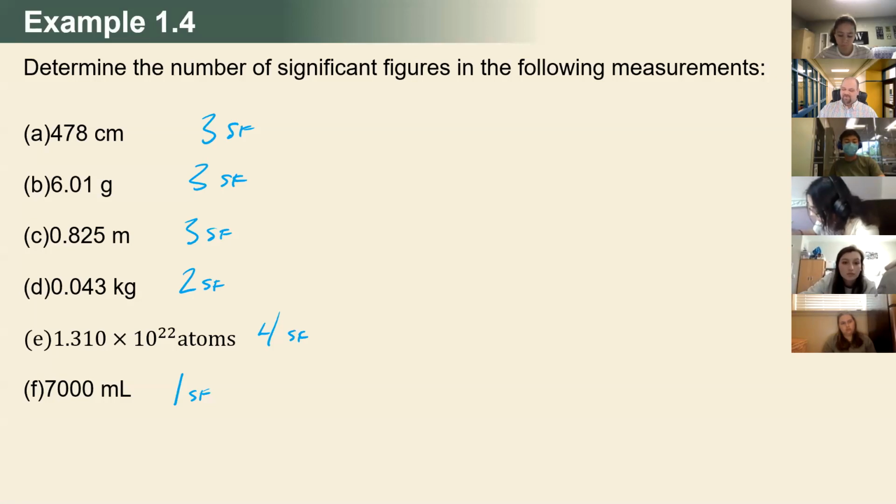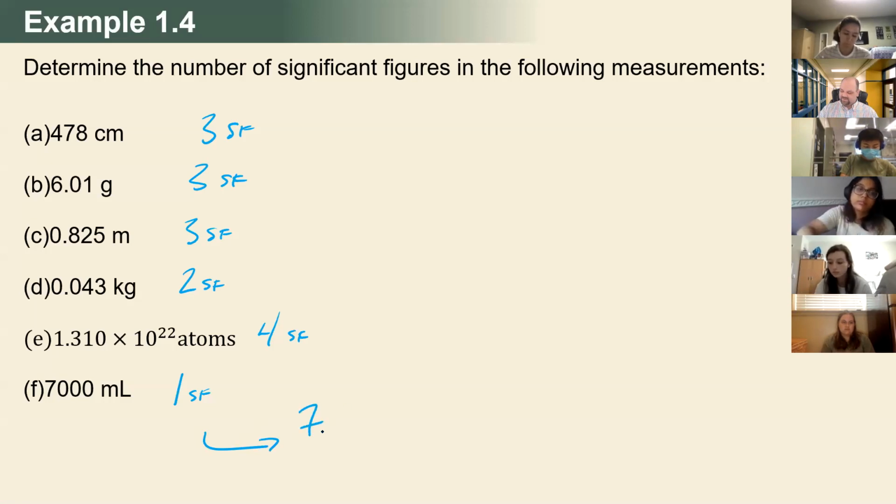For numbers that are round like that, it can be a bit confusing, and there are a couple of ways of dealing with this. If it is 7,000 and we measured it to be 7,000 with 4 sig figs, then I could write it as 7,000 and just put a dot at the end without adding any 0 after it. I don't want to add another digit, but I want to show that it's all significant. If we do it this way, that's 4 sig figs.